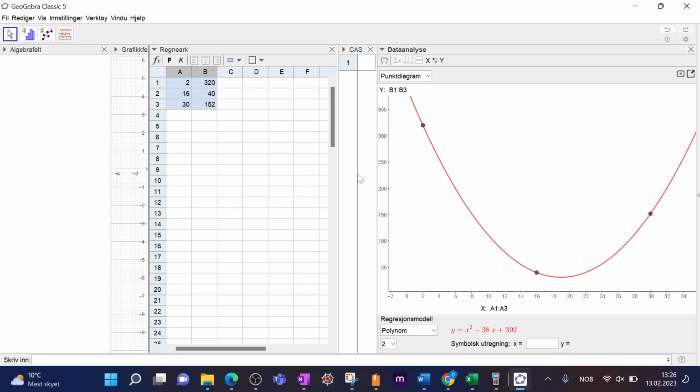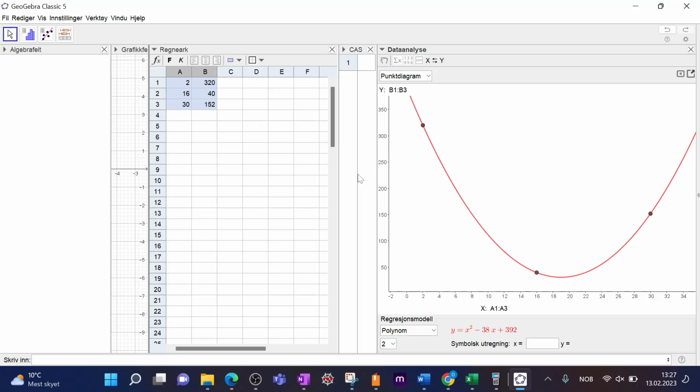Thinking that, okay, which of these 3 days were the one that fewest flies were caught? And obviously that's the middle one, the 16th of July, 40 flies. But that's not really what they're asking here. Which day during this time period was the one where fewest flies were caught?